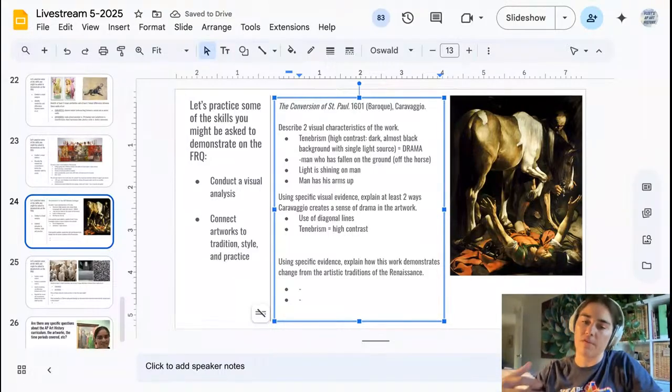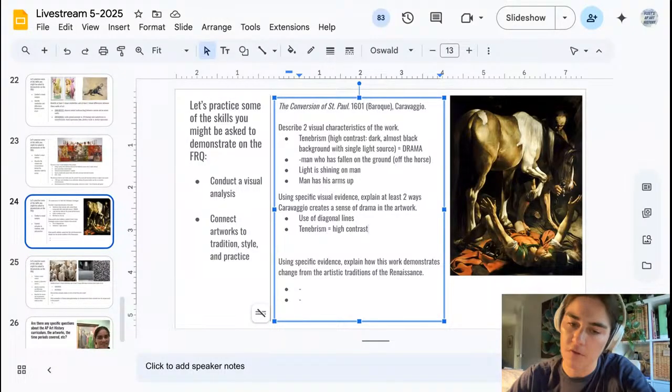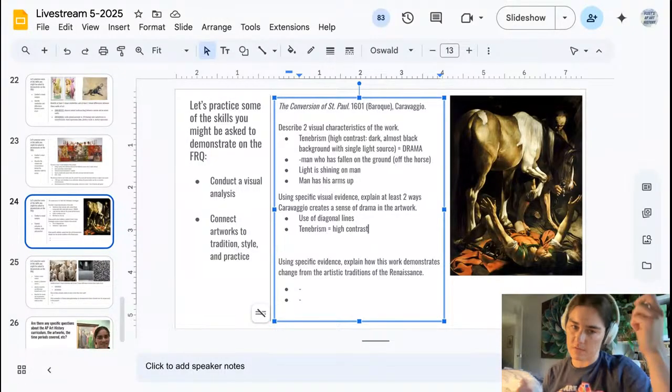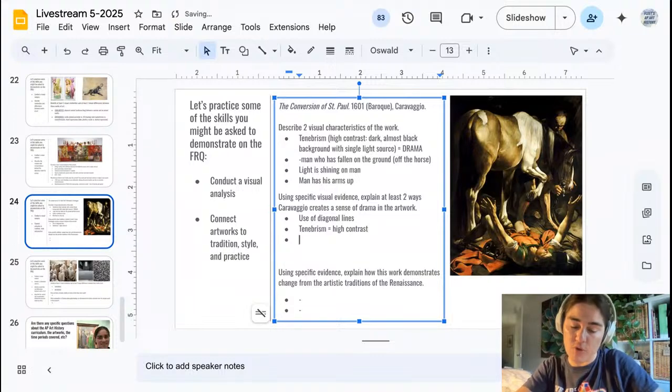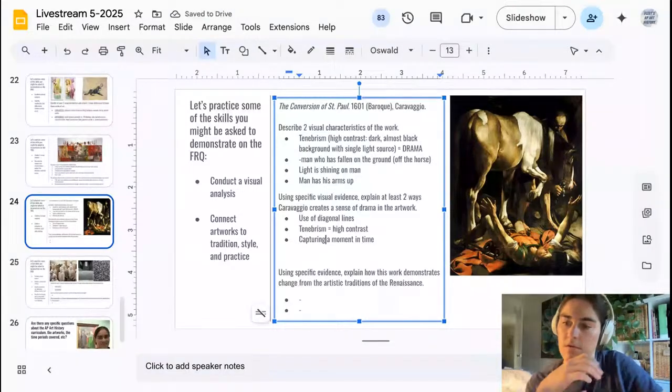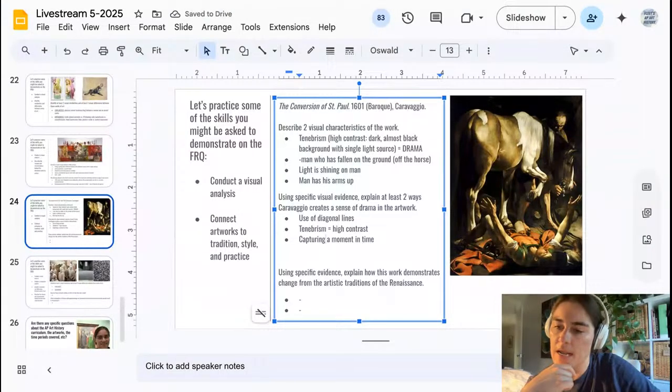And what this is also doing is that it's really bringing the figures that are in the foreground closer to us, right? There's also capturing this moment in time, which is very, very common in Baroque art, right? So for questions like this, would tenebrism work for part A and part B?